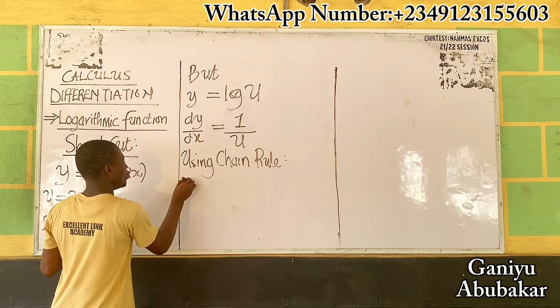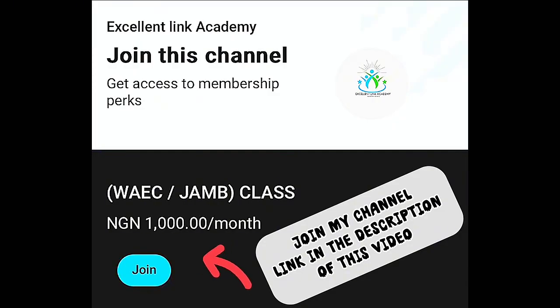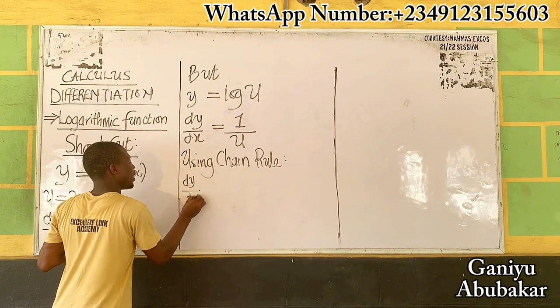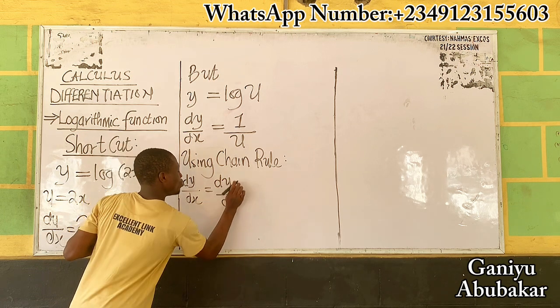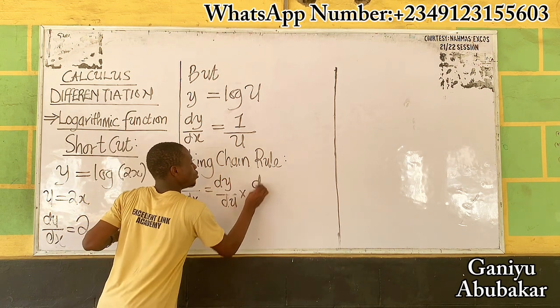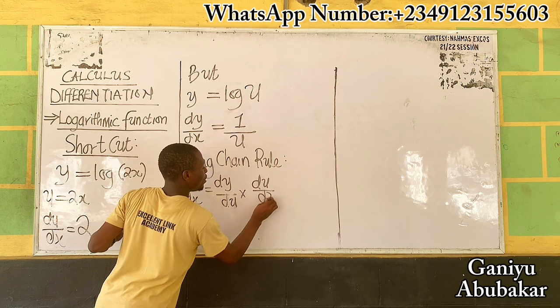So using the chain rule, what do I know? dy over dx is equal to dy over du times du over dx.